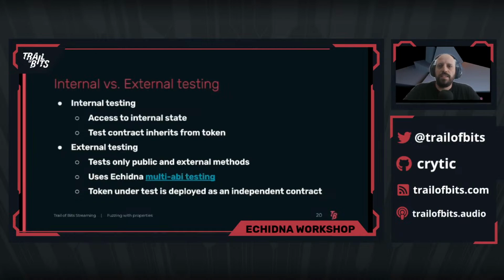So that's the idea for external tests. You interact with the token as anyone else would, once deployed. We provide harnesses for external testing, so it shouldn't be an issue. You have to decide which set of tests you will be implementing.